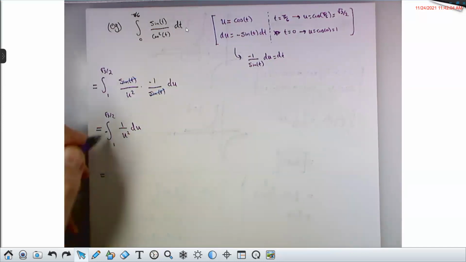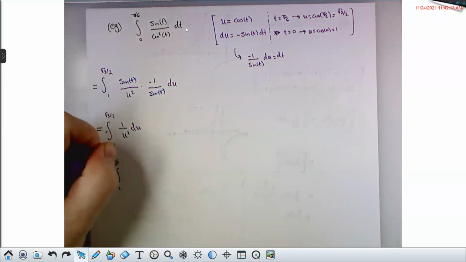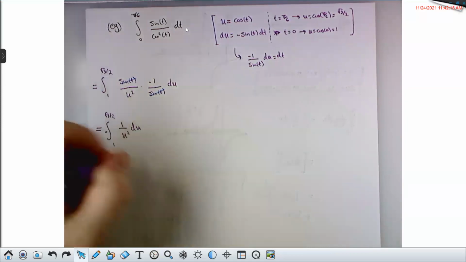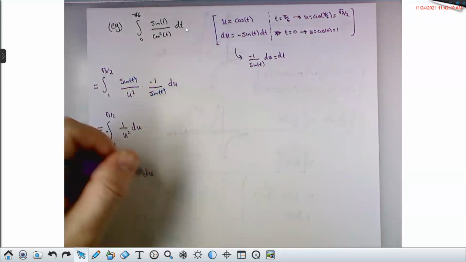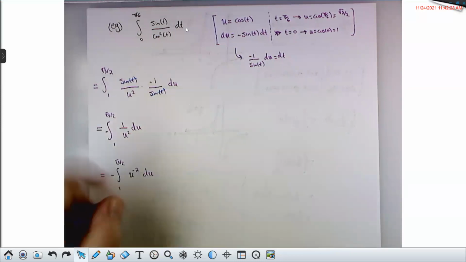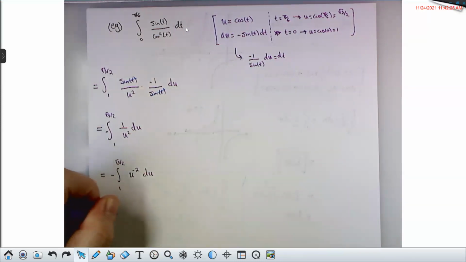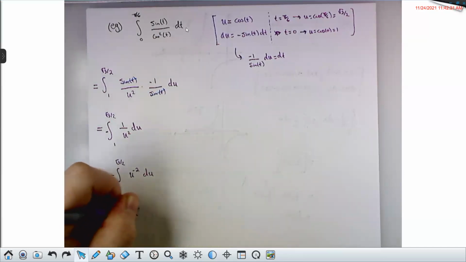We could soak this negative back in by flipping the bounds over, but I'll just leave it for now. We don't need to do that. 1 over u squared is u to the negative 2. And an antiderivative there: we add 1 to the power, so that becomes u to the negative 1.